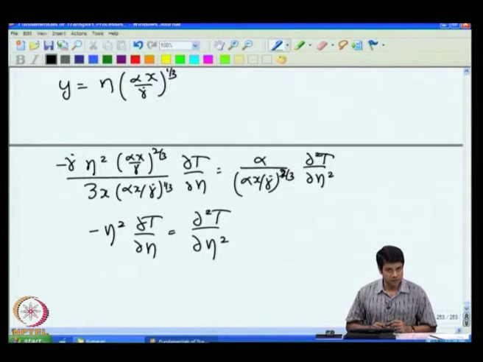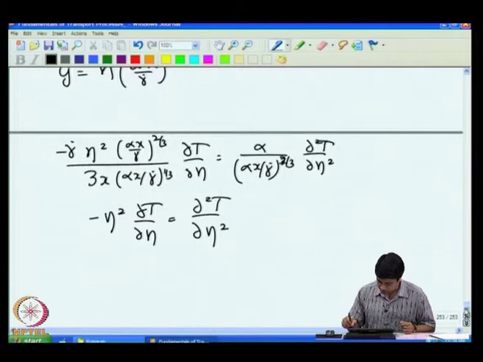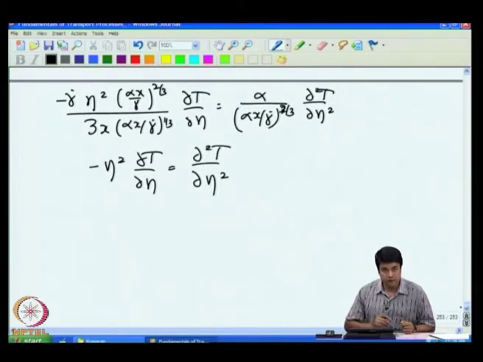It depends only upon the similarity variable eta. So, this gives us a solution for the temperature field in terms of the similarity variable alone, and does not depend separately on y and x, but only on the similarity variable alone.